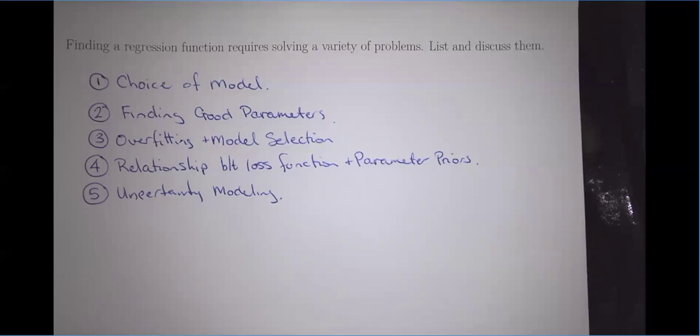We need to worry about overfitting and model selection. So here there's a balance between model complexity and the fit of the data. We may need to use techniques like cross-validation or regularization here. We need to then deal with the relationship between the loss and prior. Connect frequentist and Bayesian views here to determine what relationship the loss function and the parameter priors are going to have.